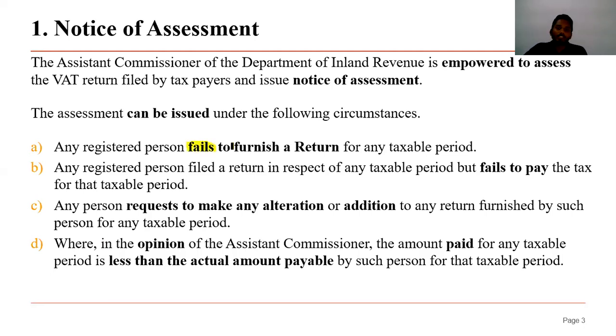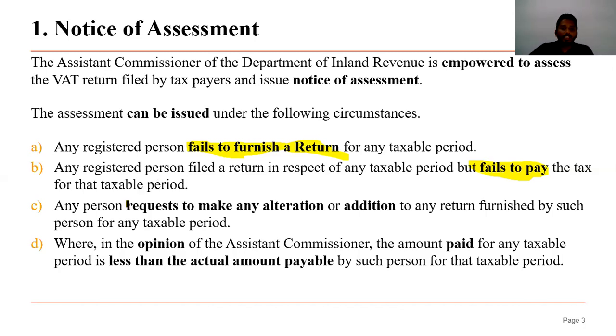Then, any registered person who files the VAT return in the taxable period but fails to pay. If you have not paid the proper amount you declared in the return, you will receive an assessment.